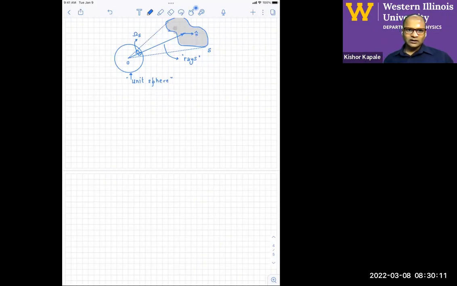That's the purpose. That's essentially the solid angle.